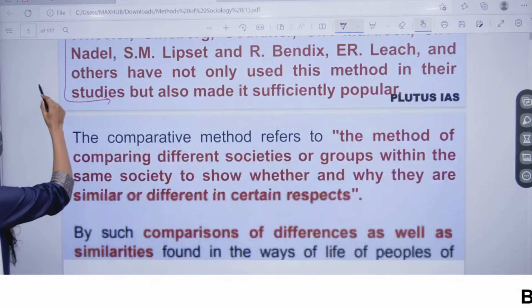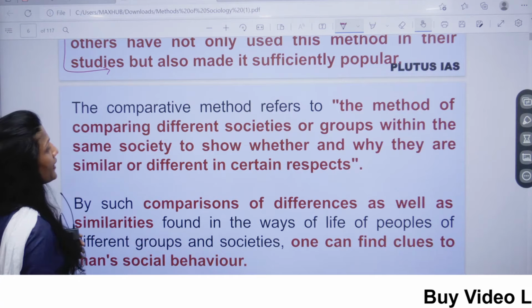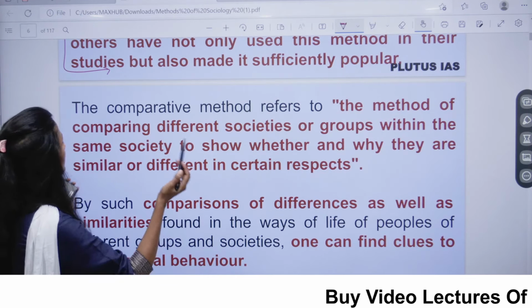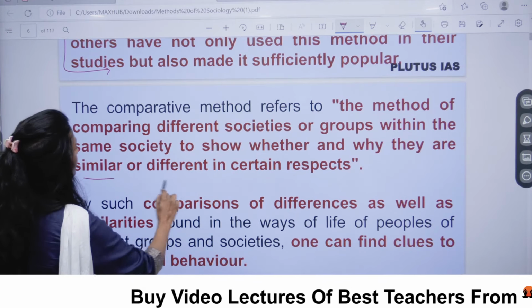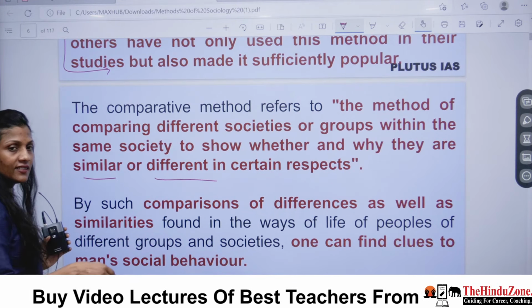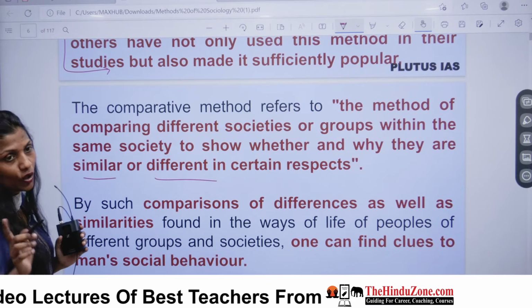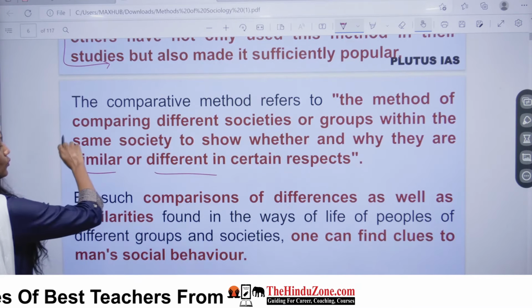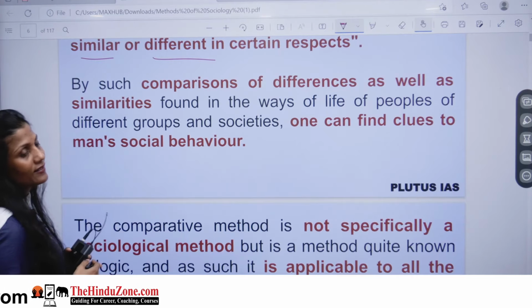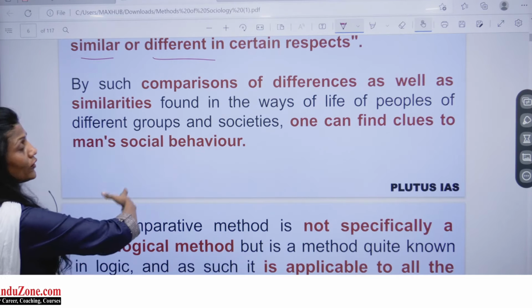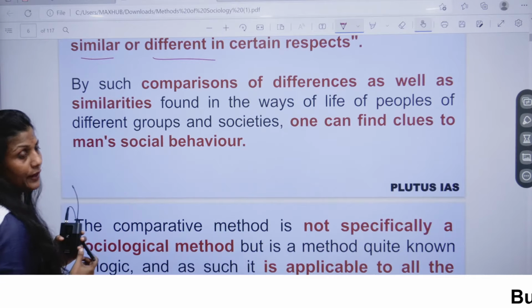It is the method of comparing different societies or groups within the same society to show whether and why they are similar or different in certain aspects, and this is again a good method to use in your answer writing also. While using the comparison method we can find clues on men's social behavior.